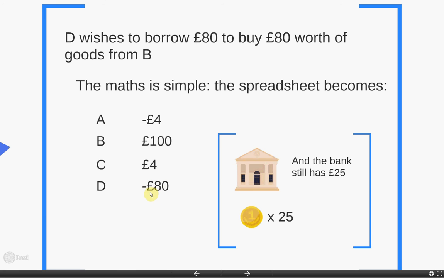It could be that D is a corporation and this is a AAA bond or something like that, so it could be very secure. So the job of the rating agencies is, in the case of the corporate debt and synthetic debt, to assess how good quality this asset is. Because this minus 80 is an asset for the bank. The bank owns this, and it needs this because it owes B and C £100 or £4. So it's the job of the rating agencies to assess how good quality this debt is.